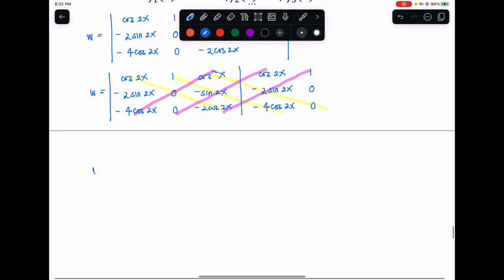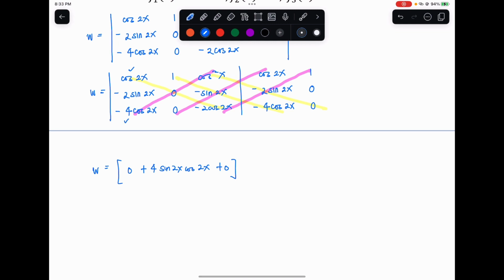So for our W, the first diagonal contains 0. The second diagonal doesn't have 1, so 1 times negative sine 2x and negative 4 cosine 2x would make it positive 4 sine 2x cosine 2x. Then the last diagonal would be 0.